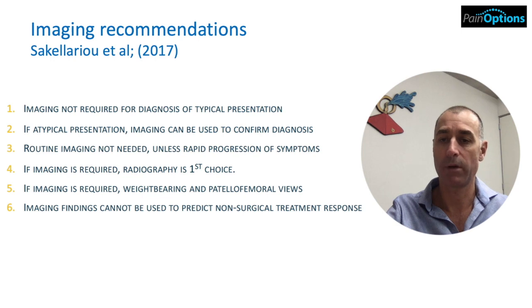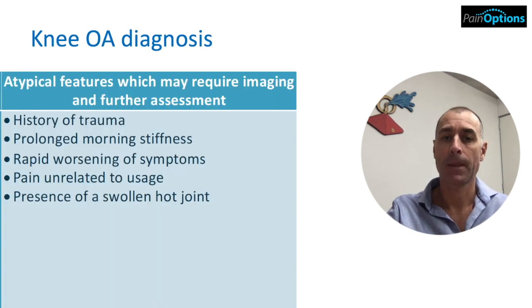So what's called weight-bearing views, obviously when they're standing, to look for the alignment issues, and patellofemoral views to see if there's clear osteoarthritic changes on the patellofemoral joint. But as you can see down the bottom, we can't use that to predict response to treatment, including non-surgical treatment. So there's the list of the atypical features that may require further either imaging or assessment.